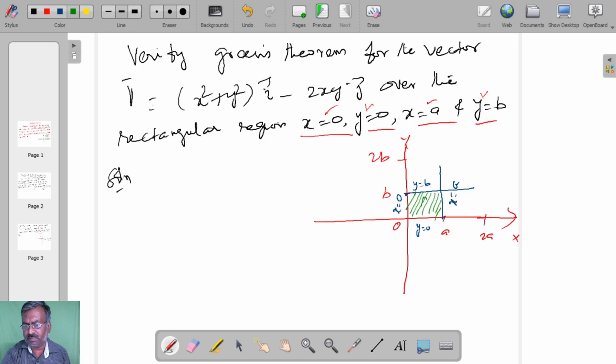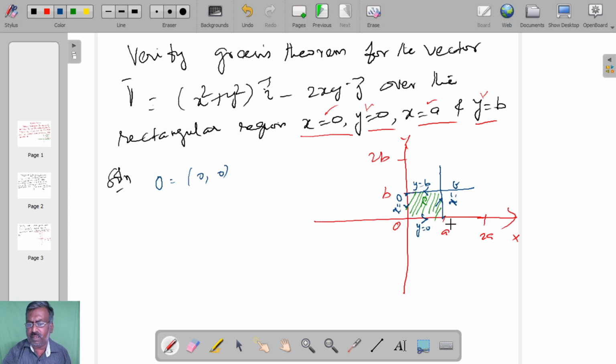In this region, totally we have 4 lines. One is y equal to 0. Another one is x equal to a, y equal to b, and x equal to 0. So for all these 4 corners, now we have to write the coordinates. First we take one corner as O, the origin, as 0, 0.